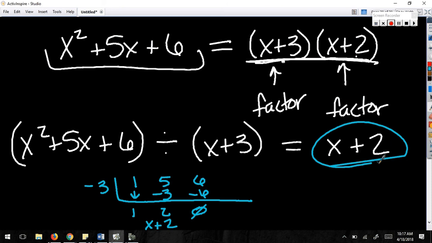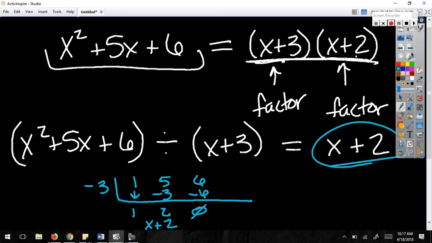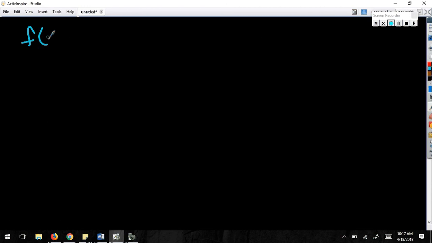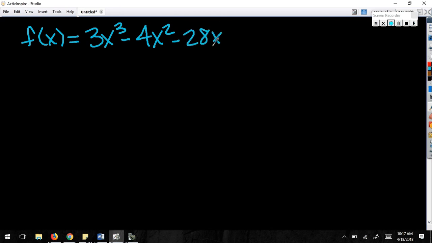Okay, so now let's apply it to what we know. Let's say I give you a polynomial, f of x equals 3x to the third minus 4x squared minus 28x minus 16.